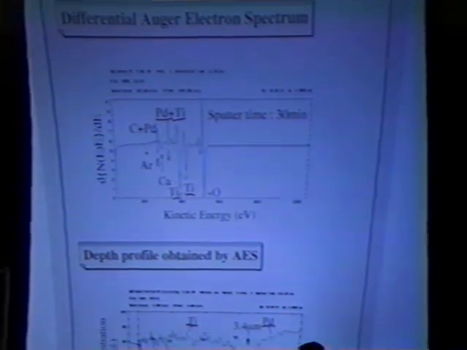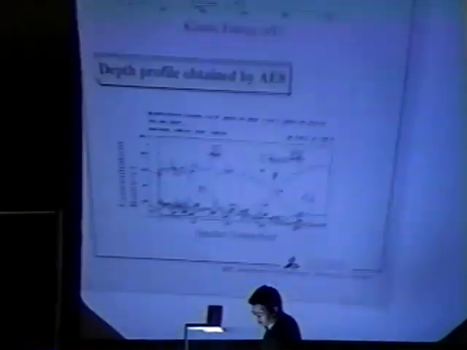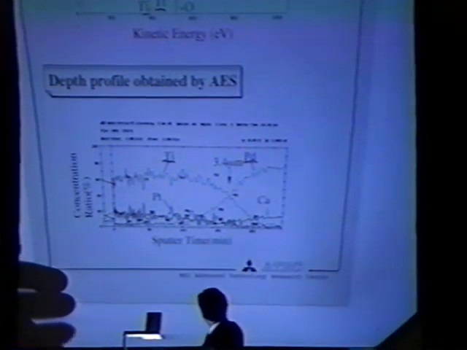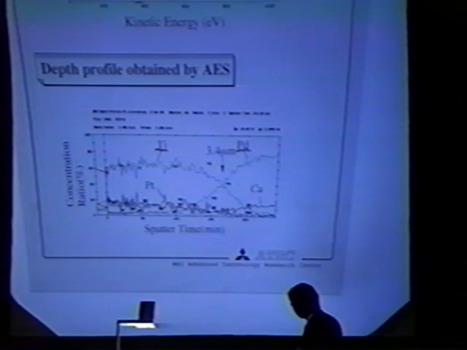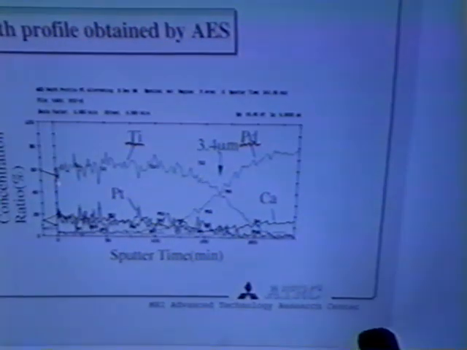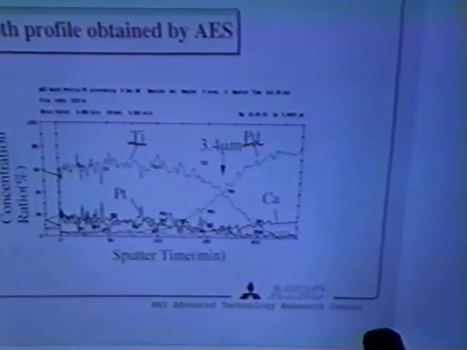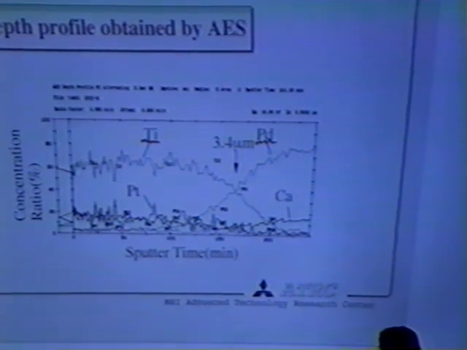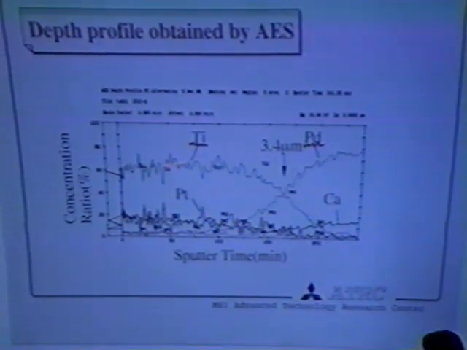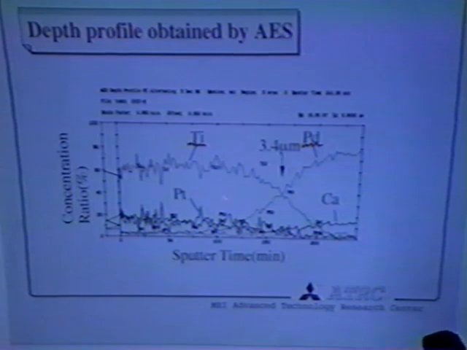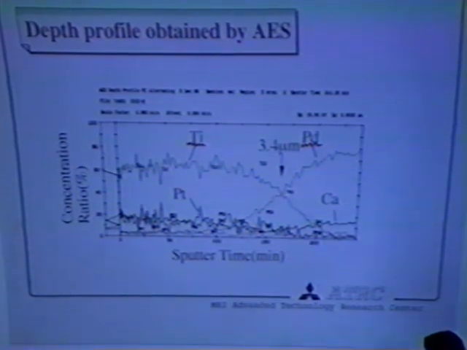We see also titanium peaks. And the lower figure shows the depth profile obtained by Auger electron spectroscopy. We can see that from the surface to 3.4 micrometers, titanium is a major element. And at this point, palladium atoms increase.